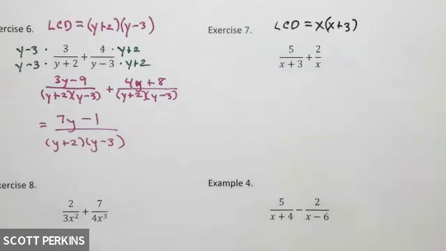Now that we've identified the common denominator, go through the rest. Write that once for each fraction, adjust your numerators, and then add them up.